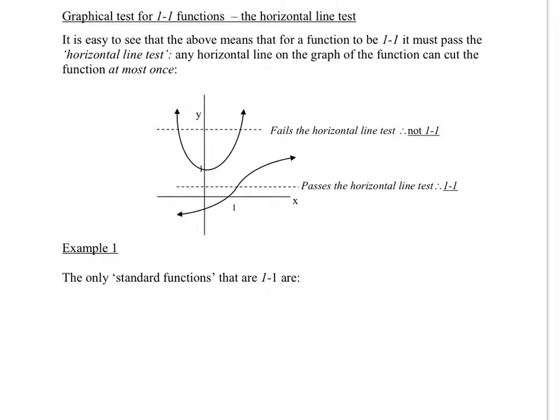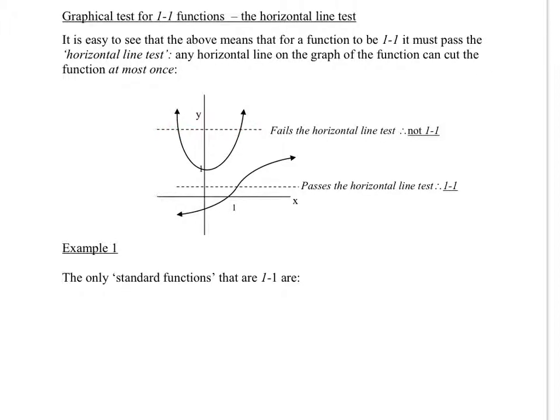If you remember, there was a vertical line test to test if something was actually a function. The corresponding thing to test if something's a one-to-one function is the horizontal line test. You just see if it's possible to put a horizontal line in that will cross through more than one point of the function.